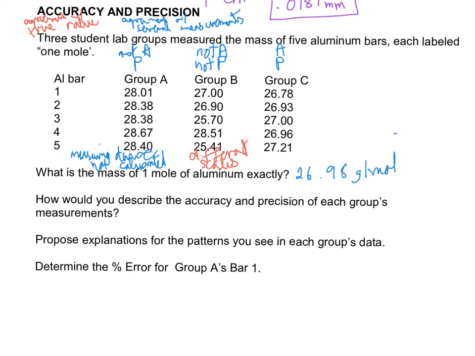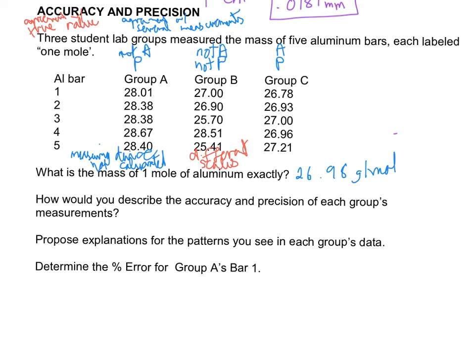So, for example, let's say you have a hydrate, and you want to mass it, then drive off the water, and then mass it again. You have to use the same balance for the initial and the final mass. Or if you're doing a lab where the temperature is changing, you can't use one thermometer for the initial temperature and then another thermometer for the final temperature. You have the same thermometer for both final and initial temperature. So you always want to use the same scale or the same thermometer or the same piece of equipment throughout the experiment.